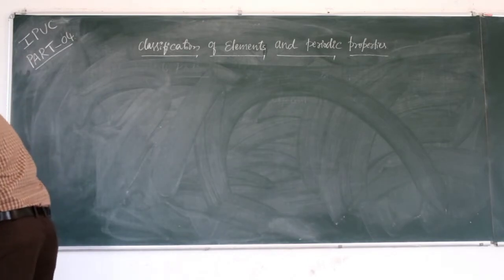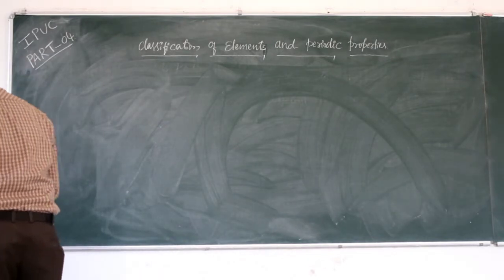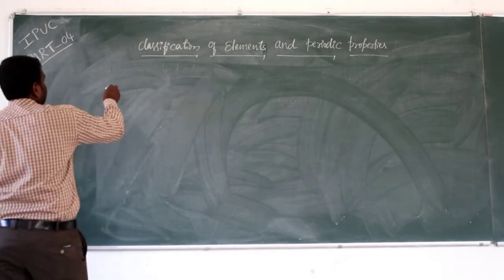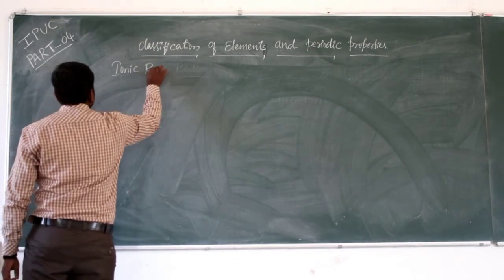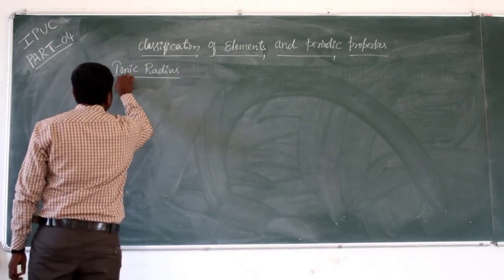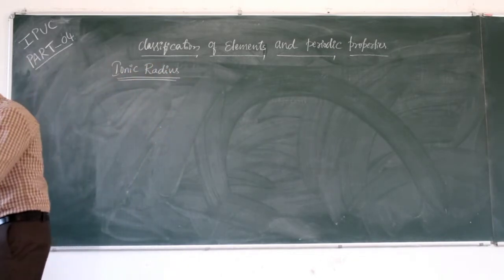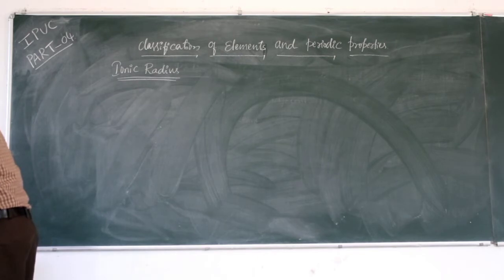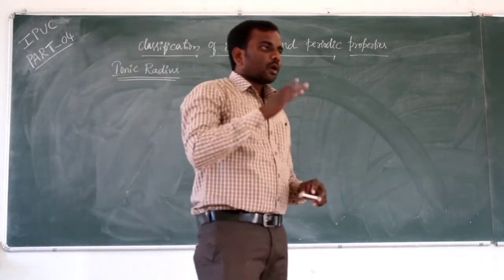Ionic radius. See, ionic radius means the distance between the center of nucleus and electron in the outermost shell of an ion.